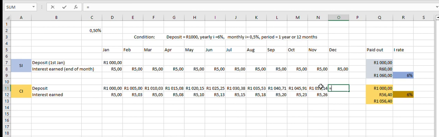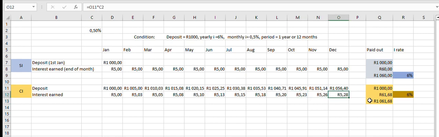The capital that I start with in December will be the capital that I started with in November plus the interest that I earned in November, and the capital for the month of December will be 1,056, and the interest that you earn on that will be 1,056 multiplied by 0.5% again. So you can see that it has all gone up, right?